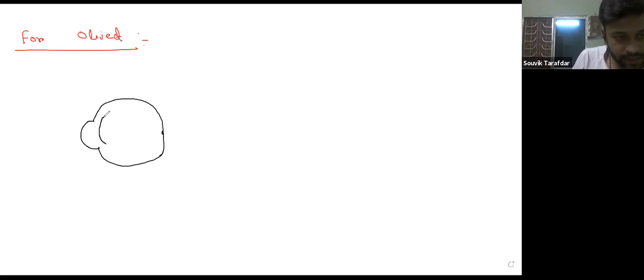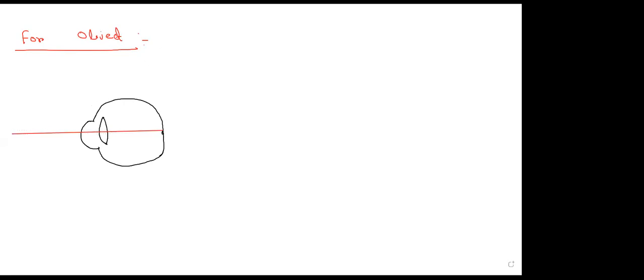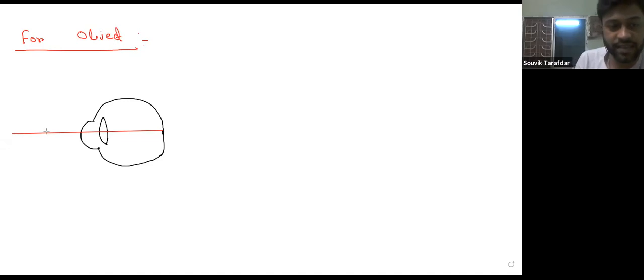This is our lens, and this is the axis. Now, far object means light rays are coming from where? Light rays are coming from where, students?